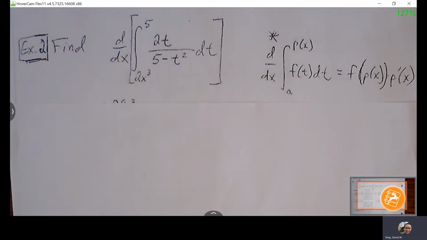We're going to apply this theorem to the problem. Yes, we do need to swap the bounds out to get that upper bound to be a variable.